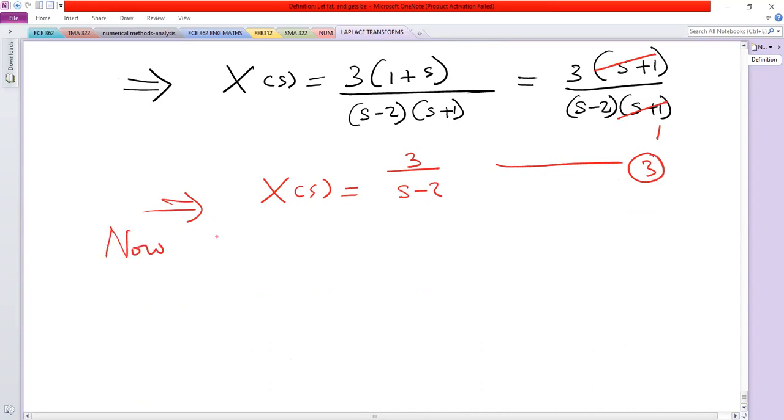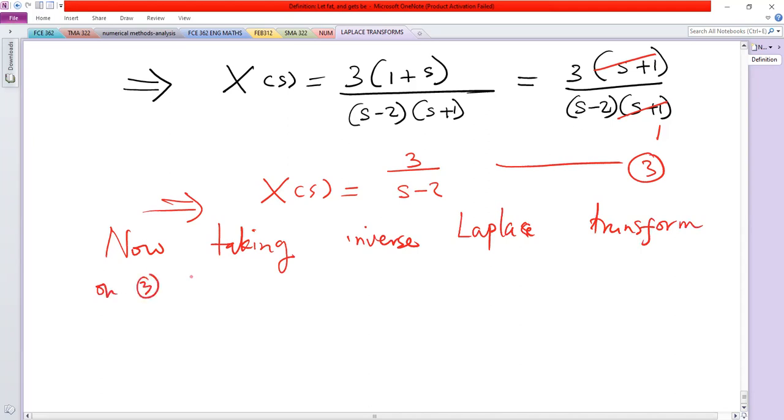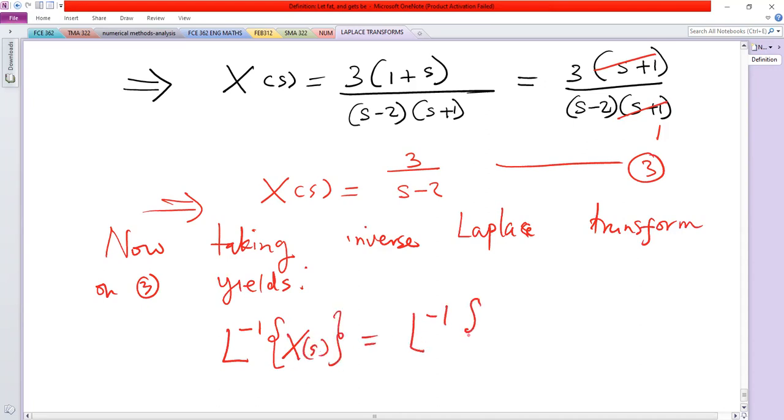Now taking the inverse Laplace transform on 3 gives the inverse Laplace transform of X(s) would be the inverse of 3 over (s minus 2).